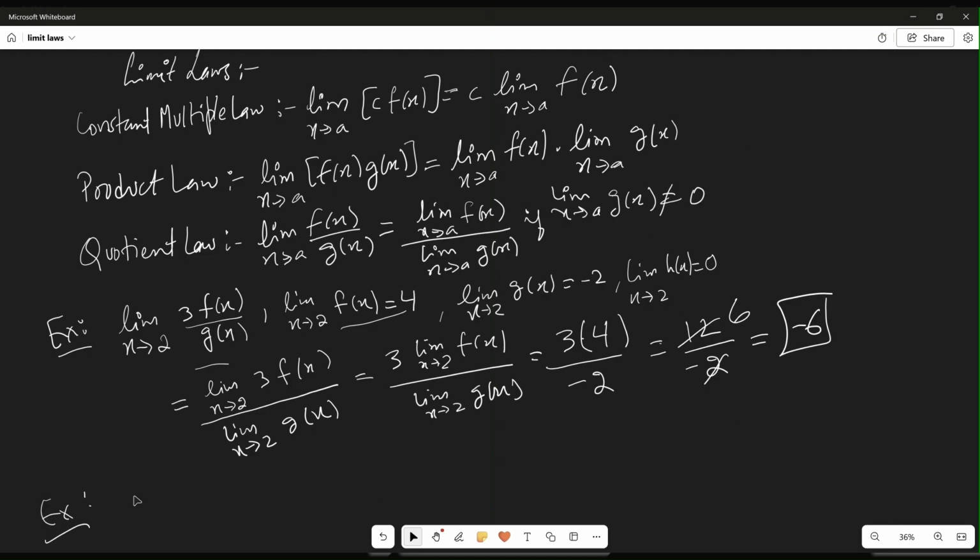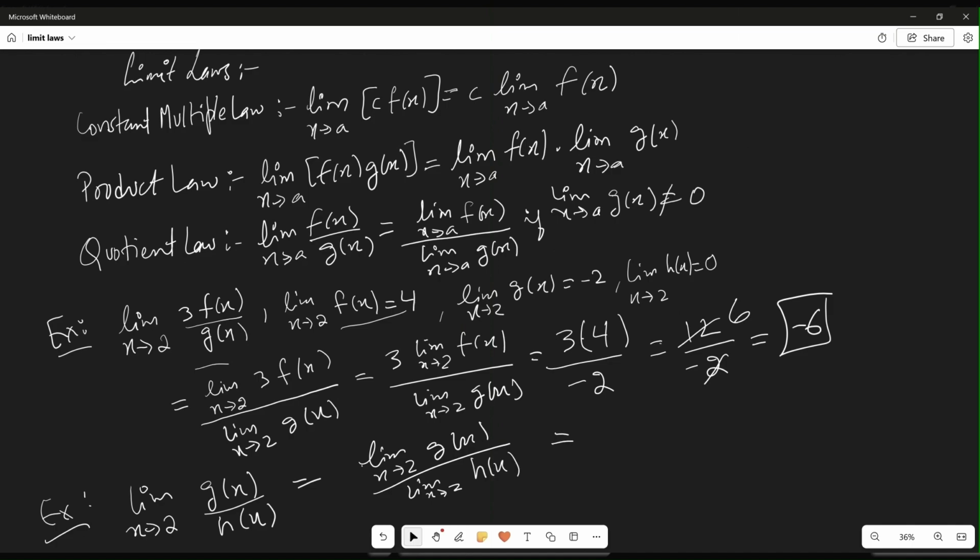So the limit as x approaches 2 of g(x) divided by h(x). This is equal to, applying the quotient law, right, the limit as x approaches 2 of g(x) divided by the limit as x approaches 2 of h(x).